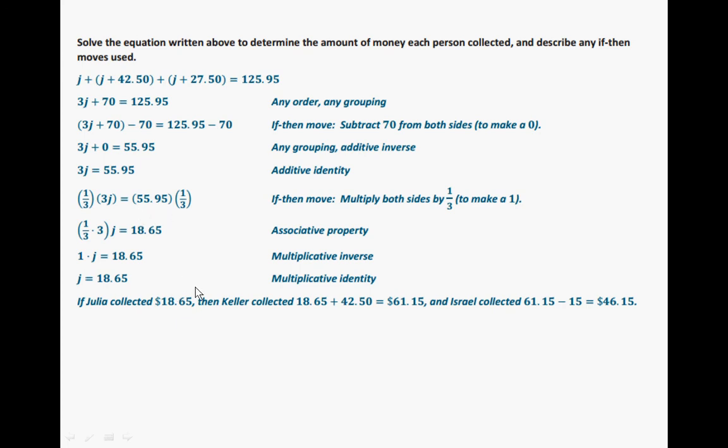Or again, you can do 55.95 divided by 3. So for J, being Julia, that means that she collected $18.65. Then using that information, that means that Keller collected $61.15 and Israel collected $46.15.